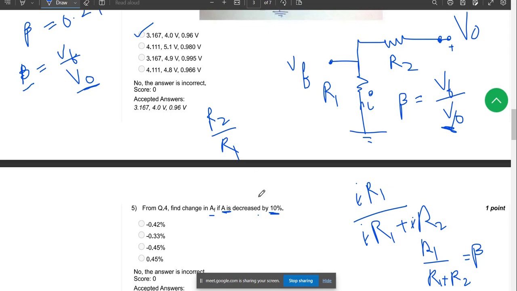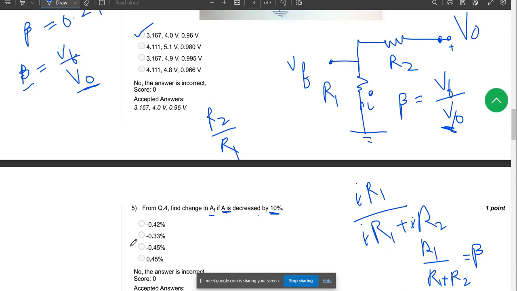So this means that if the system has negative feedback, and the gain of the open loop system is decreased by 10%, the overall gain will only decrease by 0.45%.